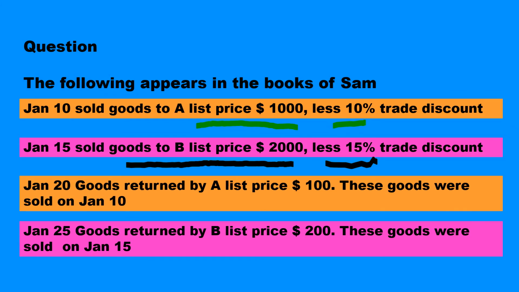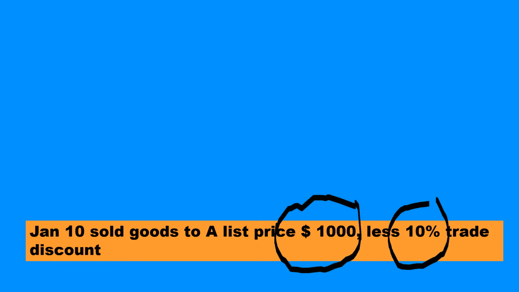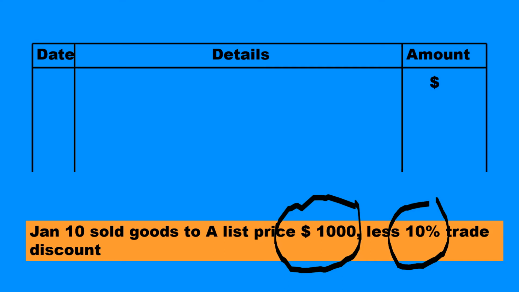Now let's concentrate on the first two, that is selling goods to A and selling goods to B, list price, and then deduct the trade discount. So whenever we sell goods on credit, it is recorded first in the subsidiary books. Therefore, if we consider sold goods to A, list price 1000 less 10% trade discount, we open the sales daybook.